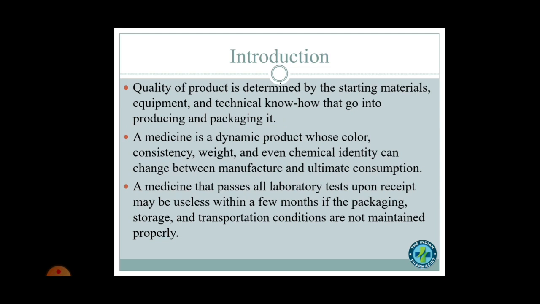Similarly, if the equipment is qualified and of good quality, it can be assumed that the product manufactured is of good quality. When we say technical know-how, it means training of the personnel involved in the manufacturing and packaging of the product.